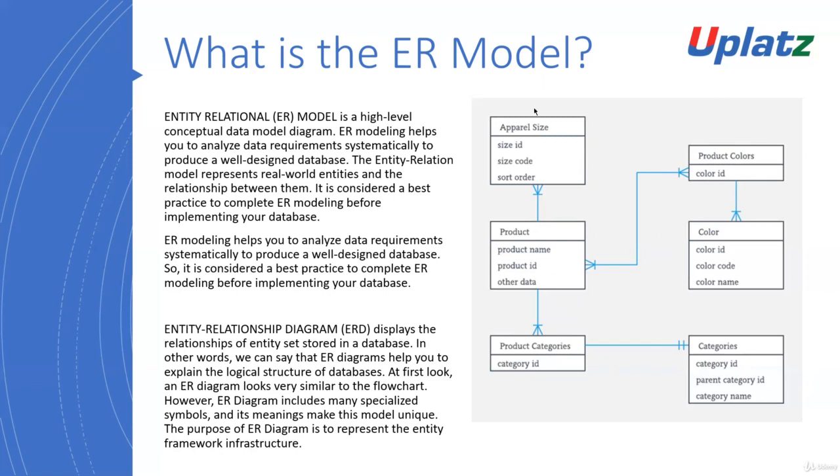And we need to show how these different entities are related to each other. Now we can see that color and categories are not directly related, but there could be a possibility of an indirect relation being built between them. So that is where we need to make a very optimum ER model before implementing our database.